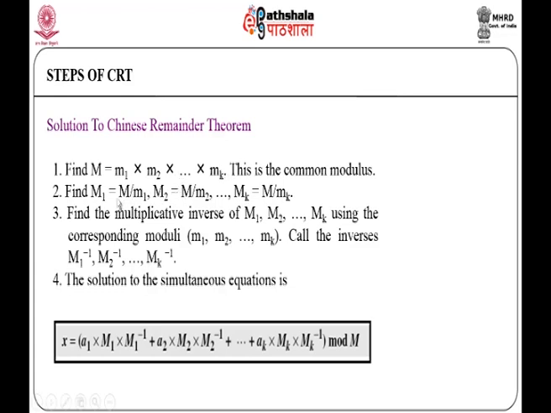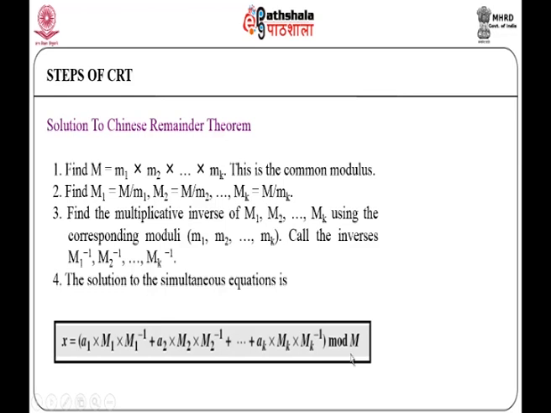We are going to get the individual inverses. Once we have it, the last step is to find the value of x. That is given by x is equal to a1 into M1 into M1 inverse plus a2 into M2 into M2 inverse, like that, up to ak into Mk into Mk inverse, mod M.